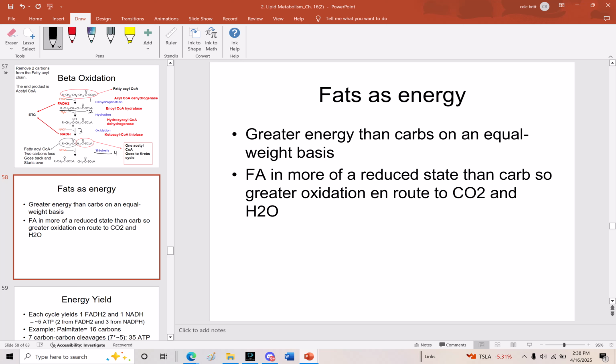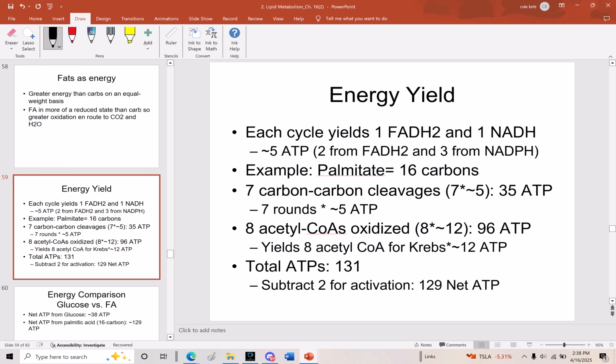So 36 ATPs from glucose, 129 from palmitate. And the textbook shows you exactly where you make them, but you don't have to memorize all that. So glucose, you can make upwards of 38 tops, but usually the textbooks say 36. It depends on the math that they do. But a 16 carbon can make upwards of 129.